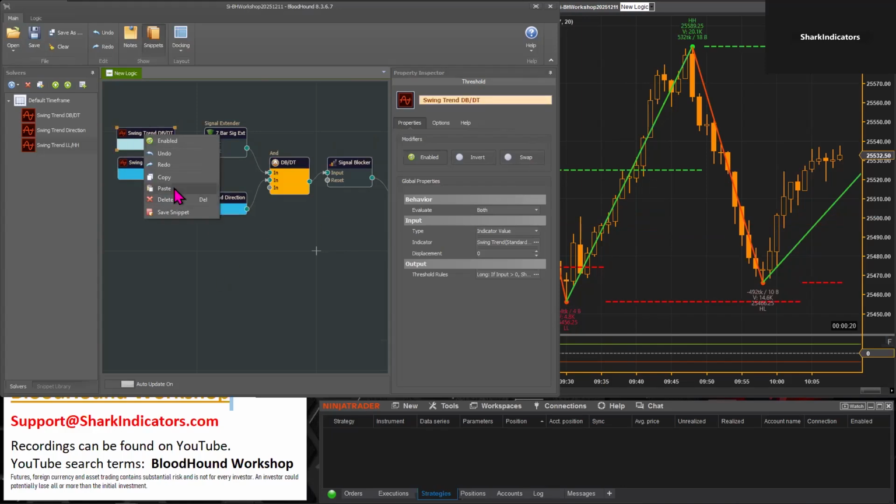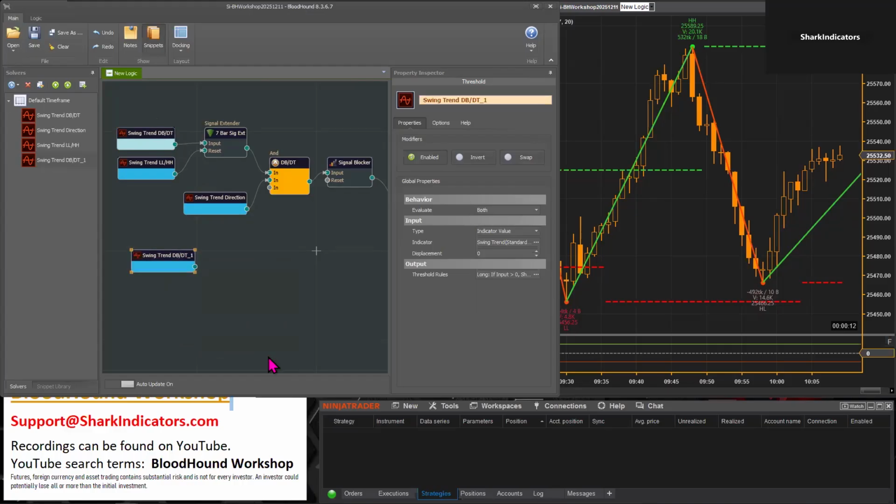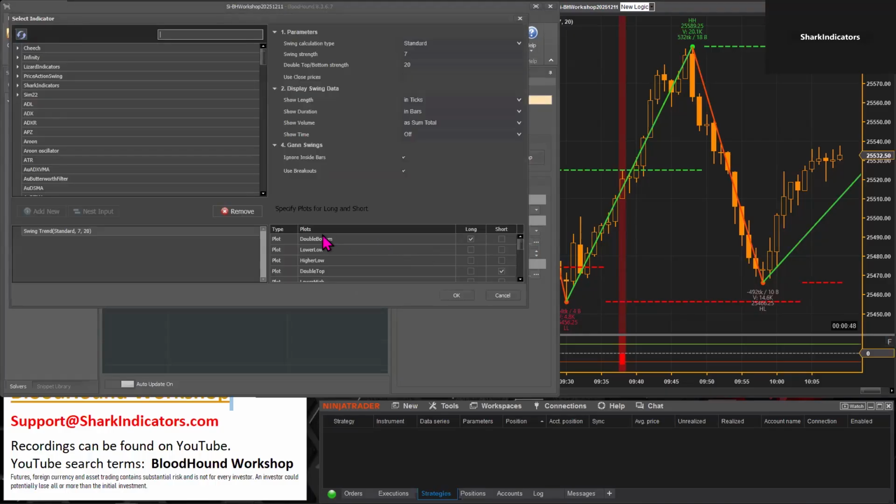So let's copy this and paste it there. We just need to go into the indicator and select the correct outputs here. There we go. Oh, reverse that. There we go.